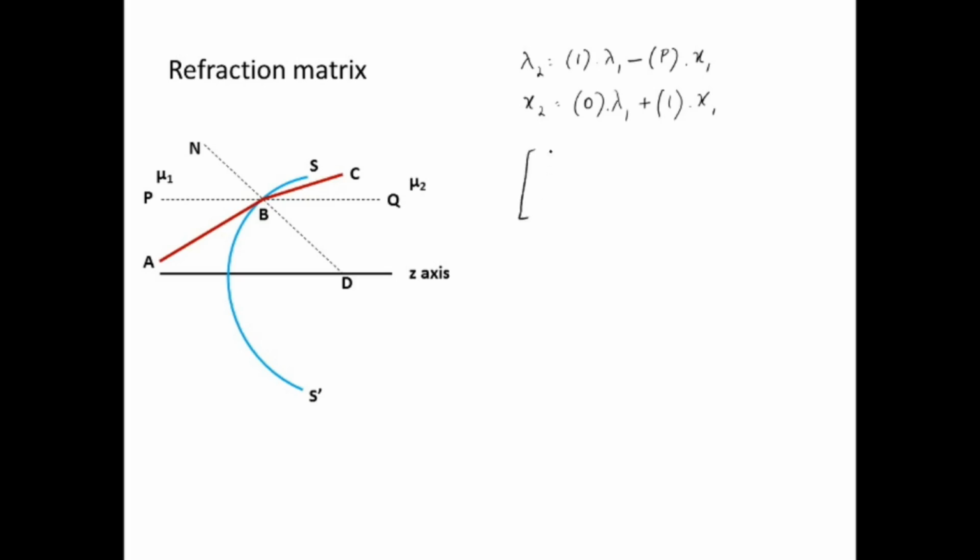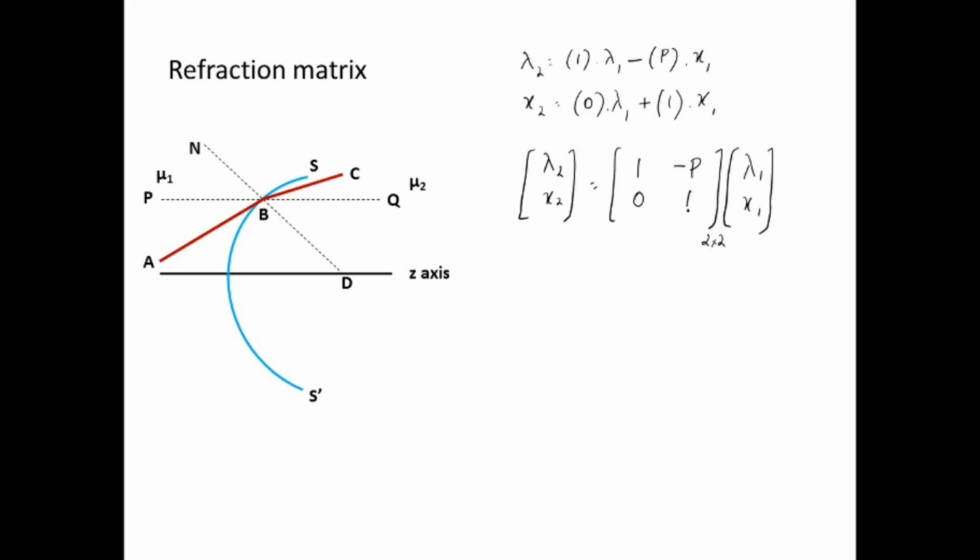So I'm going to write the final refracted ray in column vector form, lambda 2 x2, is equal to a matrix acting upon the incident ray, lambda 1 x1, in column vector form. So in order to get this equation, I can write the terms 1, minus p, 0 and 1.